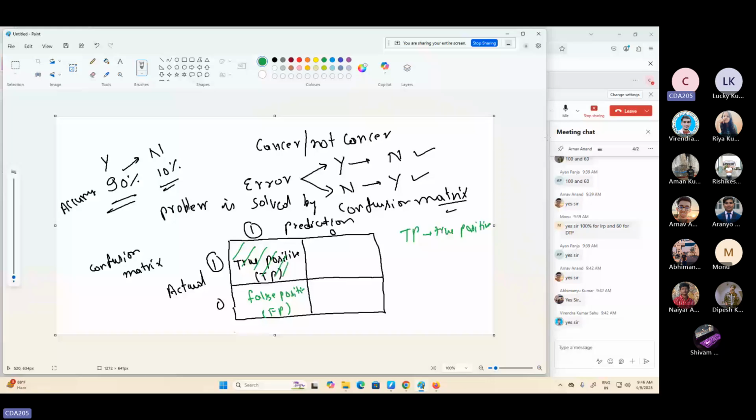FP is what? प्रेडिक्शन 1 बता रहा है पर हमारा एक्चुअल 0 है, that is the false.